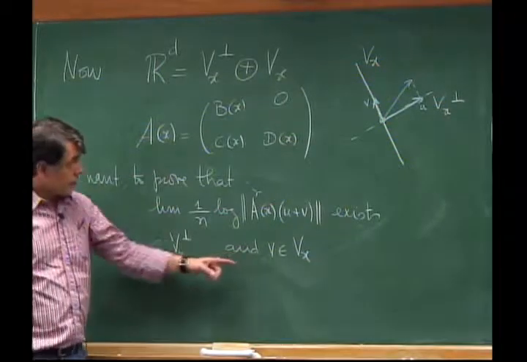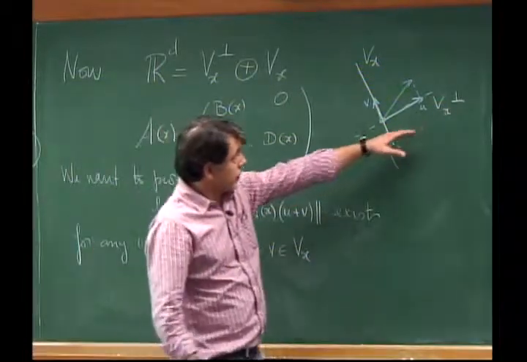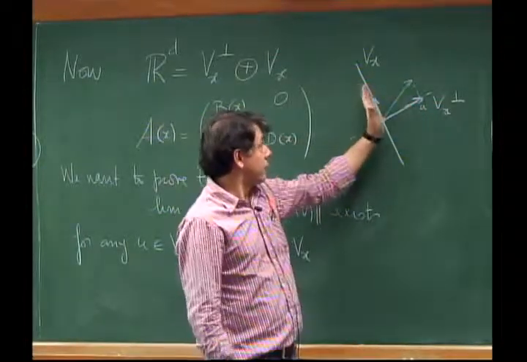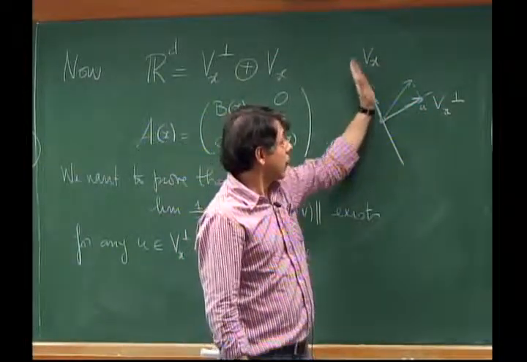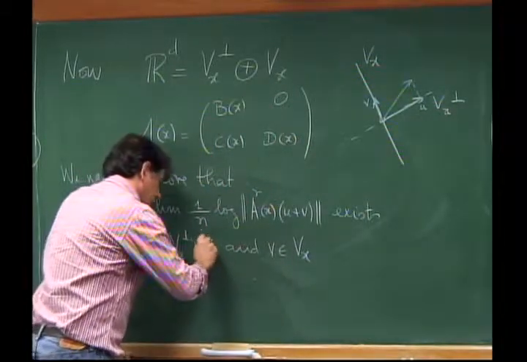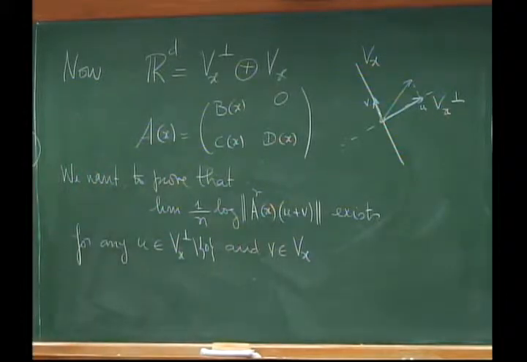If I write this, I mean all vectors in R^d. I don't need to do that because I already have the statement for vectors in Vx. I only have to consider the ones in the complement, and that means that I have the right to take u non-zero.